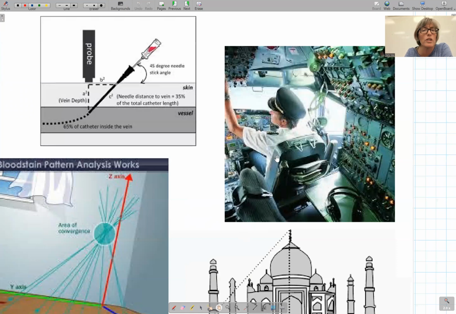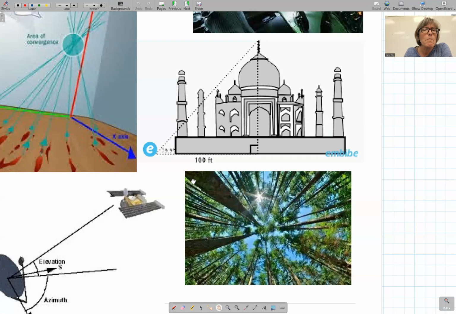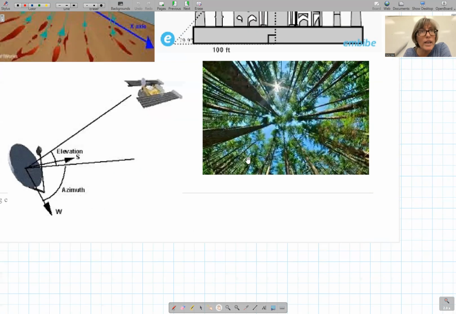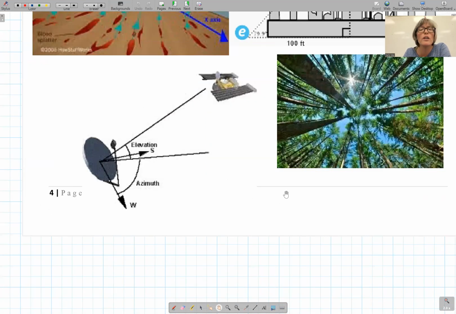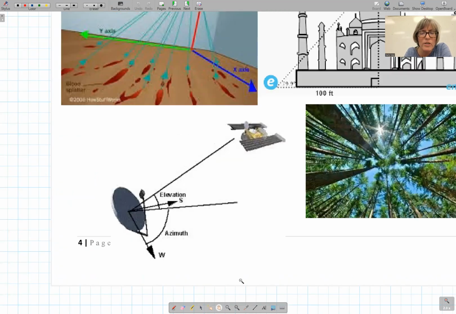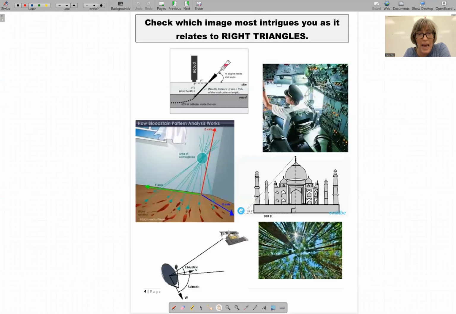Aviation, navigation, believe it or not, solving crime, triangulation of blood spatter patterns involves right triangles. Of course, architecture, anything that's physically built, forestry, the analysis of ecosystems, conservation, and communication. All of these involve right triangle mathematics.